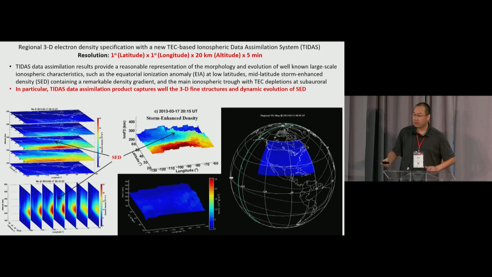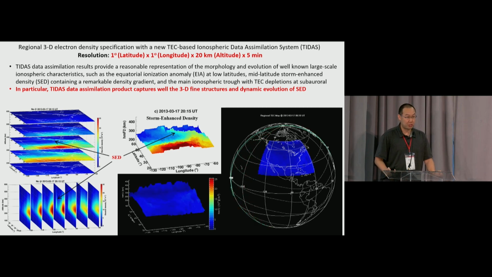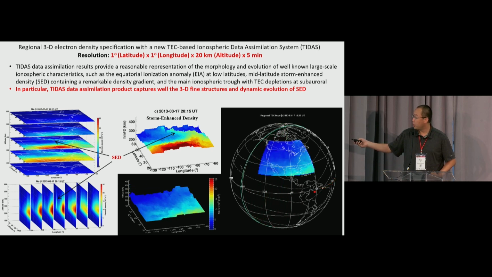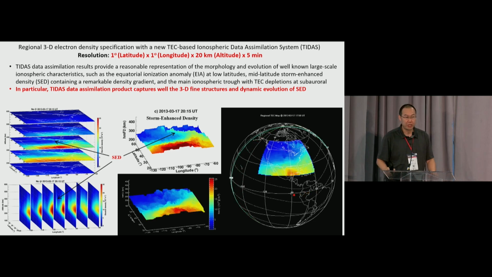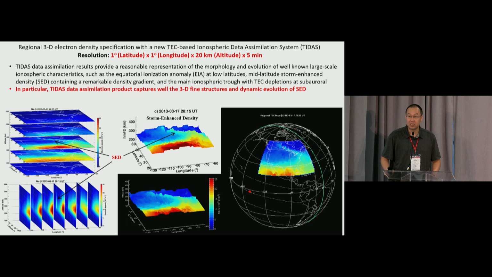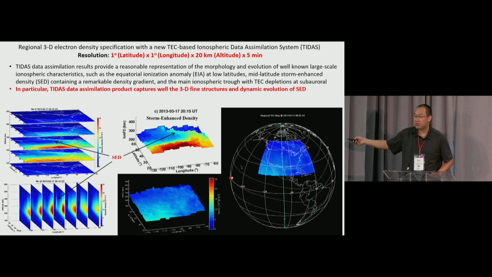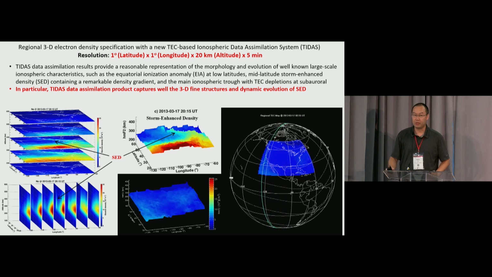So we can see the storm enhanced density plume structure is clearly reproduced, reconstructed as this poleward, sunward elongated high density channel. And in this top middle panel, we show the shaded contour of the NmF2 and hmF2, the peak height. So this is the peak height, hmF2, and this color-coded region is the NmF2.